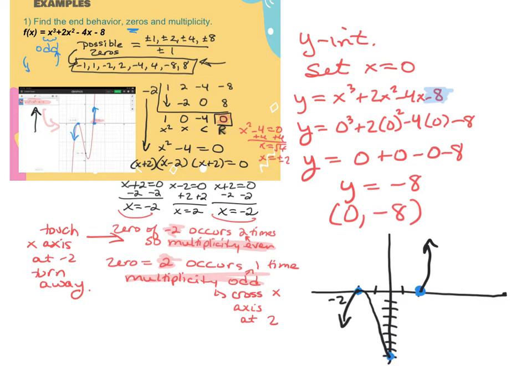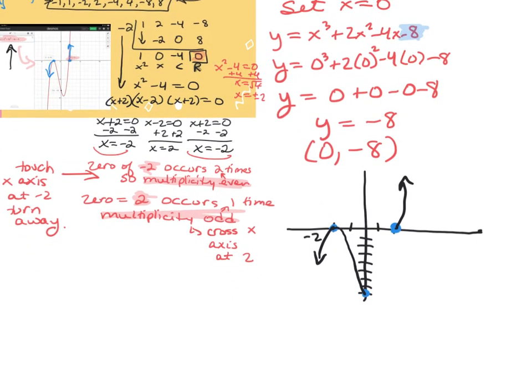Now this one still goes down. So I need to use my remainder theorem or just plug in a value of x to get another ordered pair. I need to find another point in between the y-axis and that last zero.